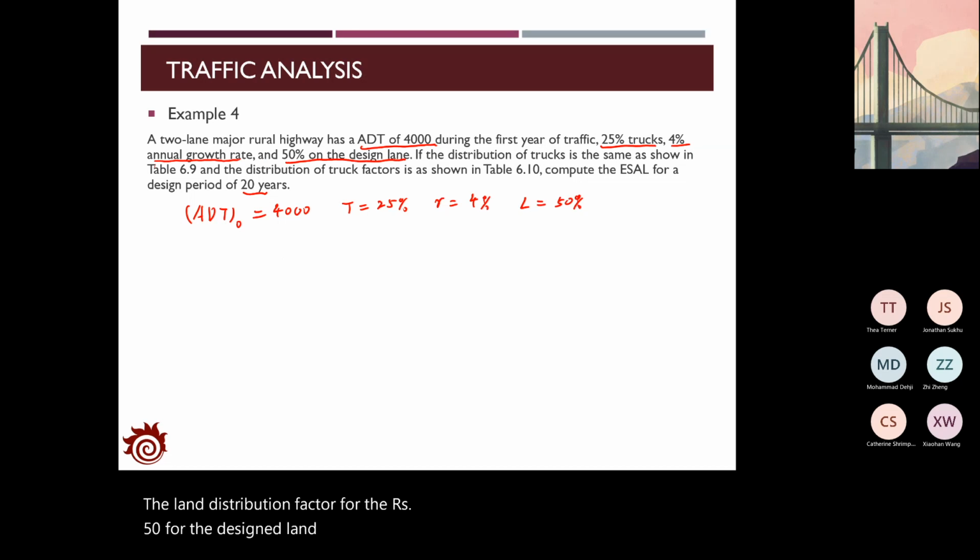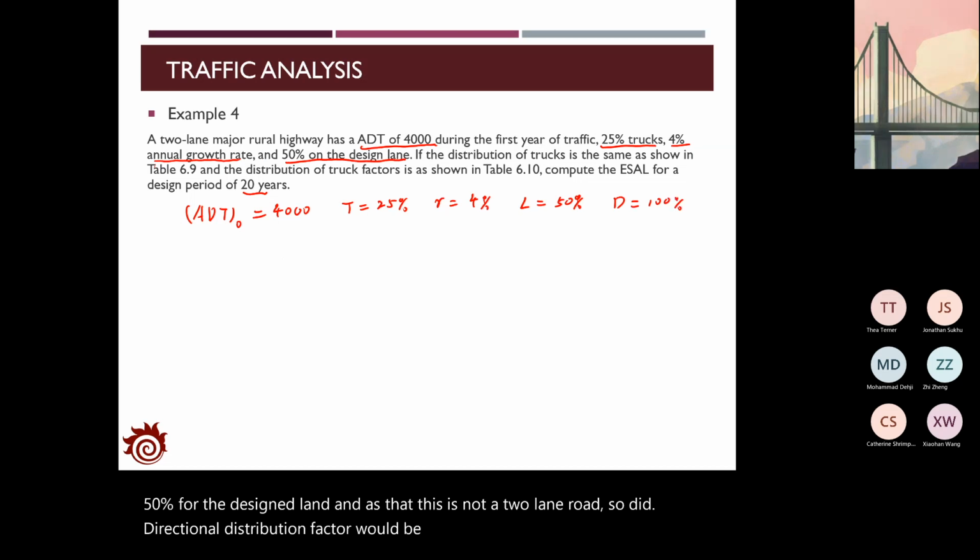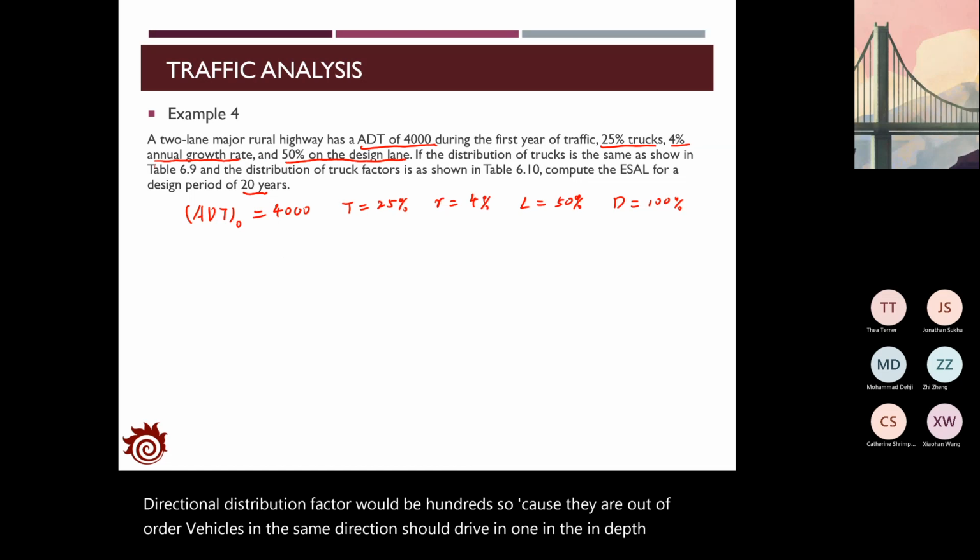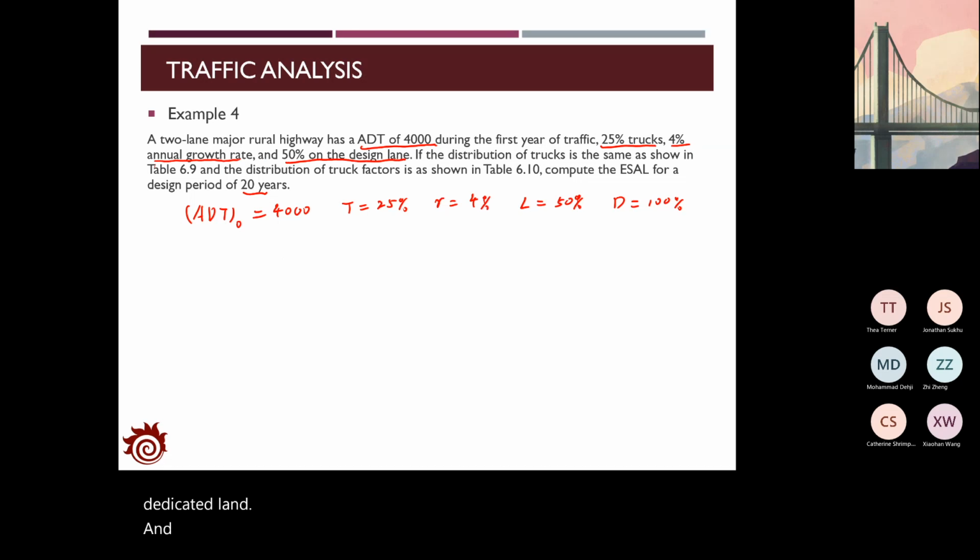And as you know, this is a 2-lane rural road, so the directional distribution factor would be 100, because all the vehicles in the same direction should drive in that dedicated lane.